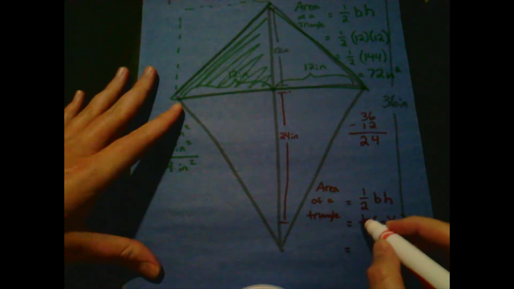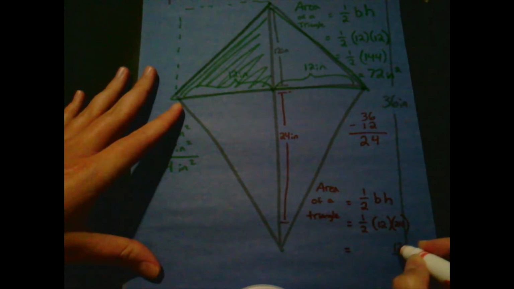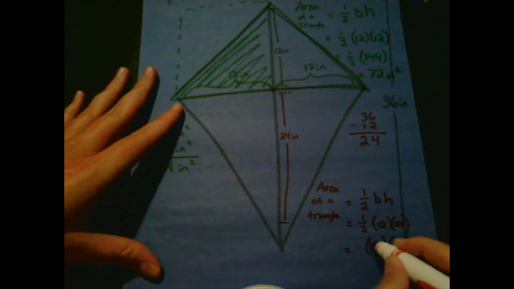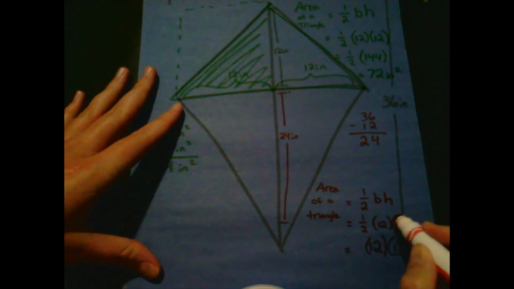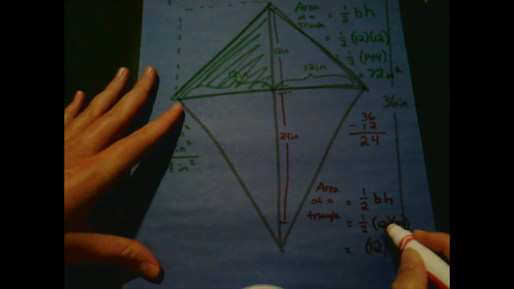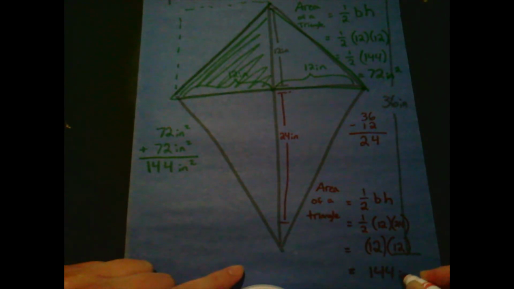So I'm taking this part over here, and I'm multiplying 1/2 times 24, and that equals 12. And then I'm going to bring down this other 12 here. So I just took this part and multiplied it by this part, and I got 12, and then I brought down the other 12. We know that 12 times 12 is 144. So the area of this whole triangle right here is 144 inches squared.